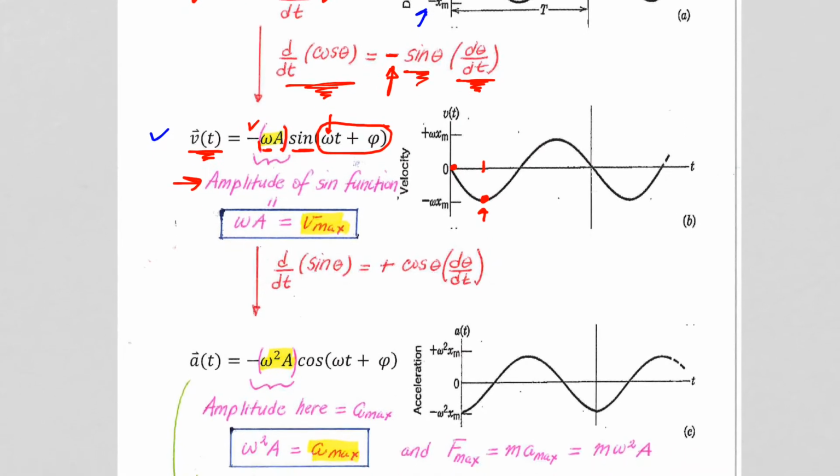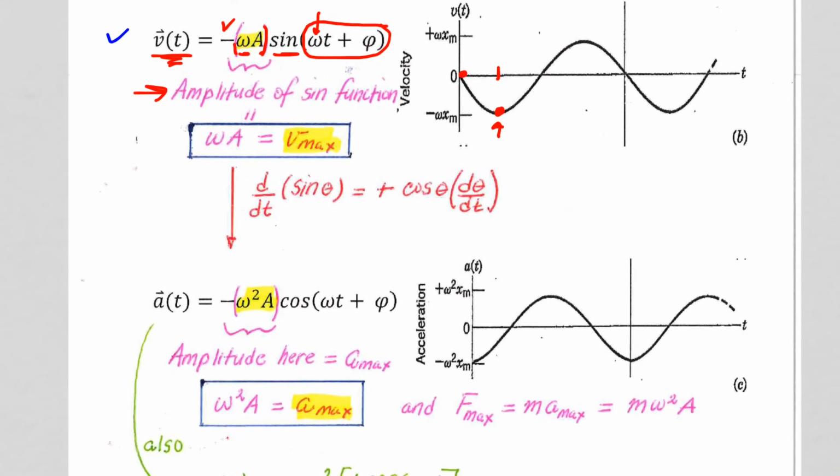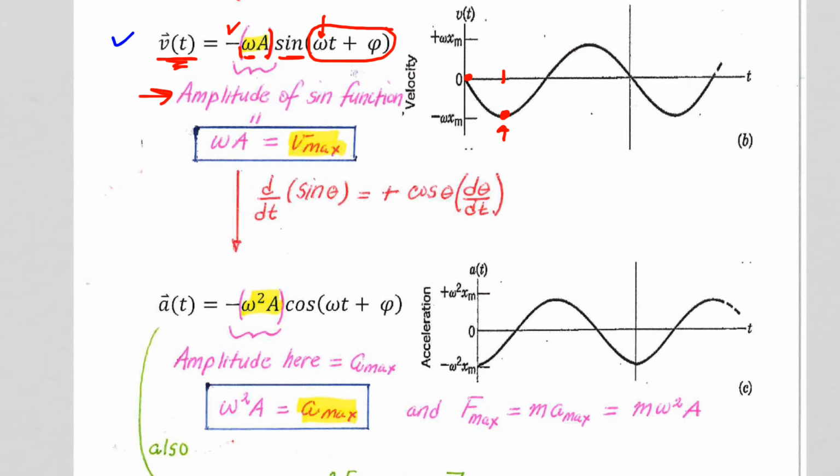Well, let's continue to put our calculus to good use. The derivative of the sine function is positive cosine theta d theta dt. So now we're taking the derivative of our velocity equation, so the acceleration equals dv dt. So you maybe want to add that in there to remind yourself of that.